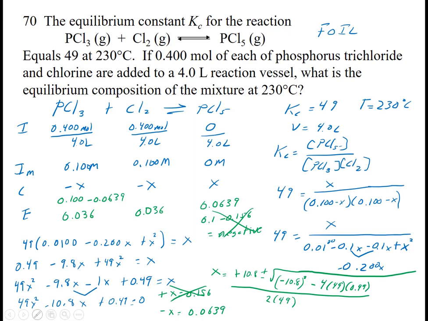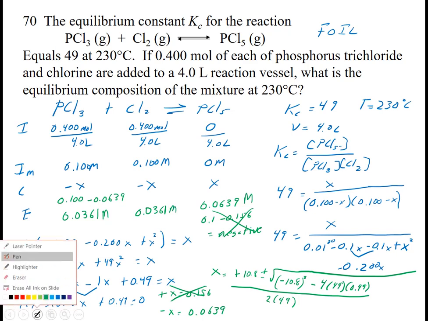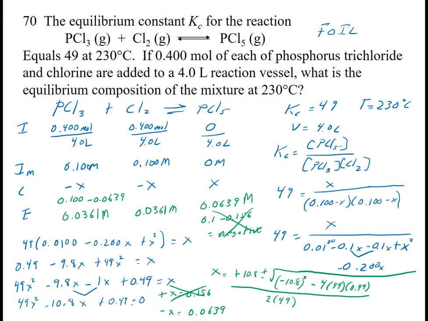And actually, you need to have one more significant digit, and so this ends up being 0.0361 here. And the units for this are molarity. And so this is my final answer here. There you go.